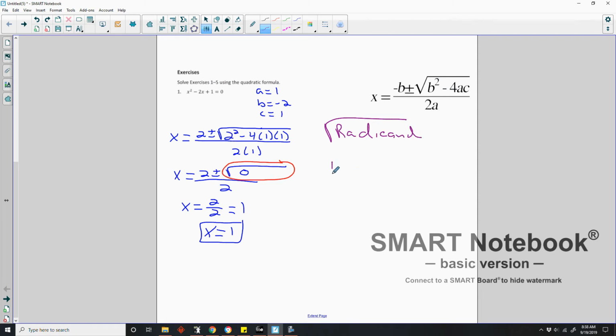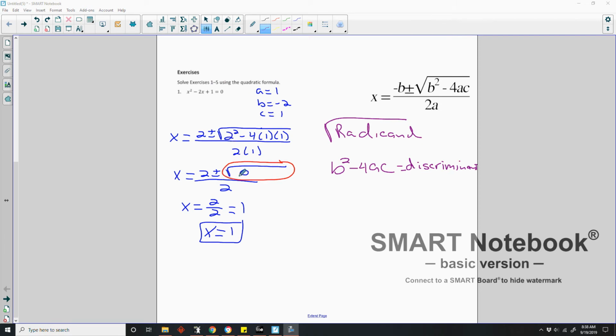But in this case, the b squared minus 4ac is my radicand. Agreed? b squared minus 4ac is called a discriminant. Okay, the discriminant.